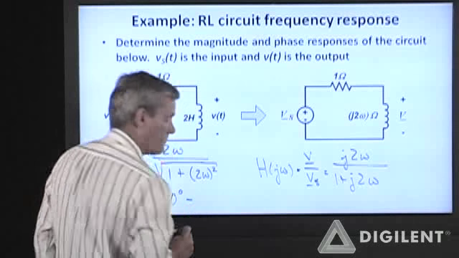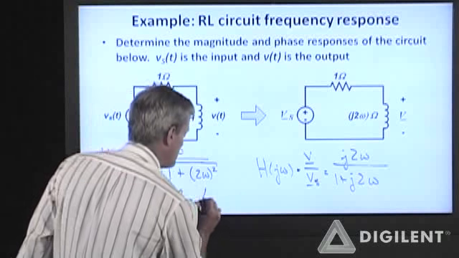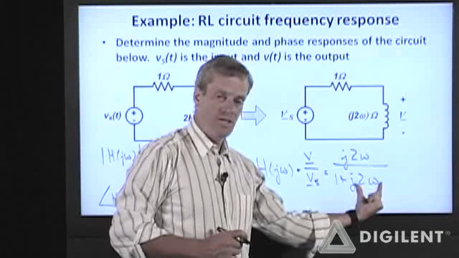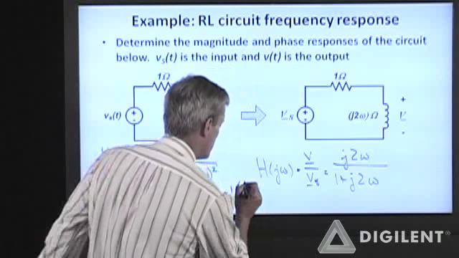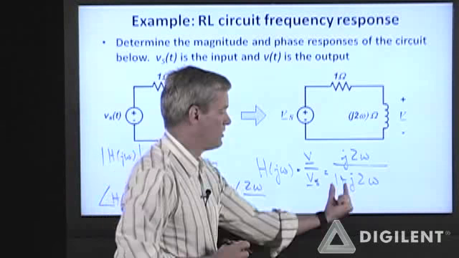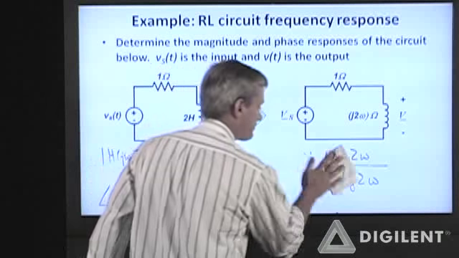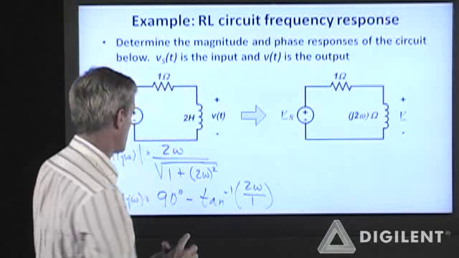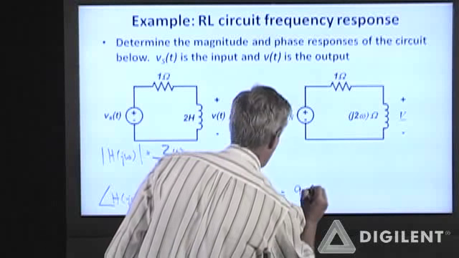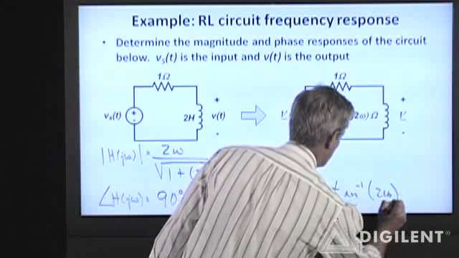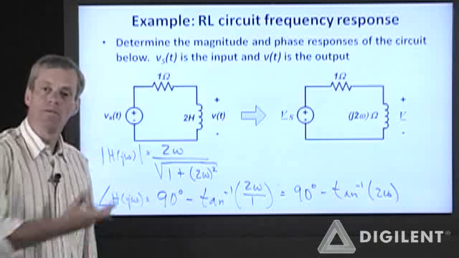I subtract off the phase angle of the denominator, which is the arctan of the imaginary part of the denominator, which is 2 omega, over the real part, which is just 1. So my phase angle is equal to 90 degrees minus the arctan of 2 omega. And I'm done with this example.